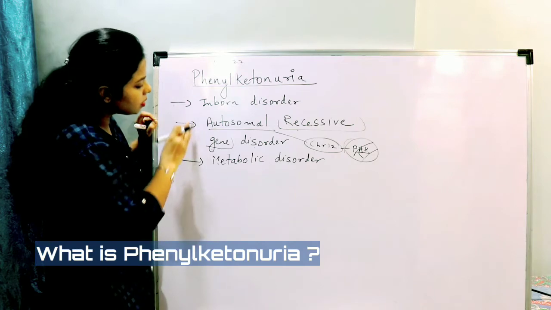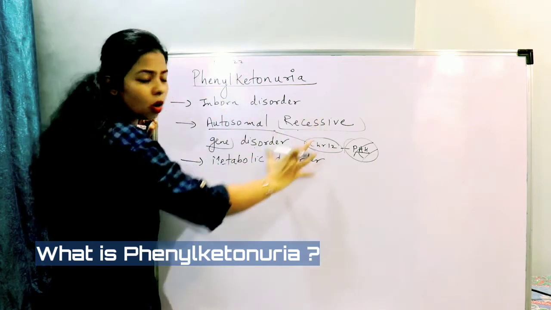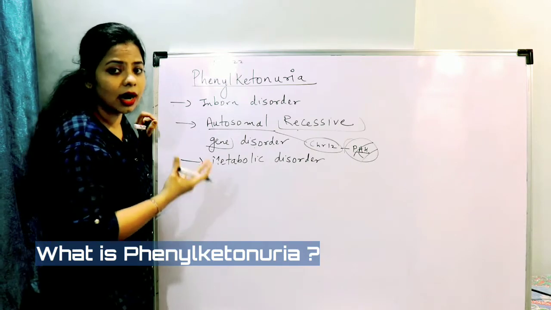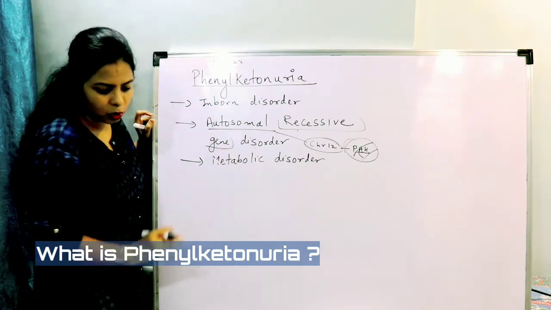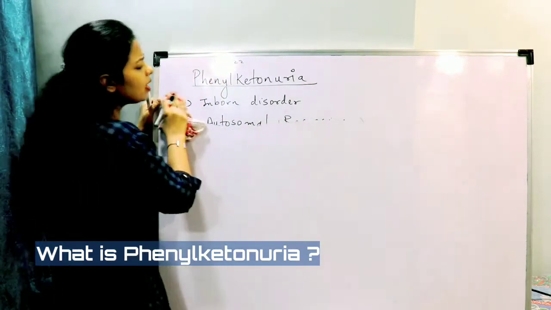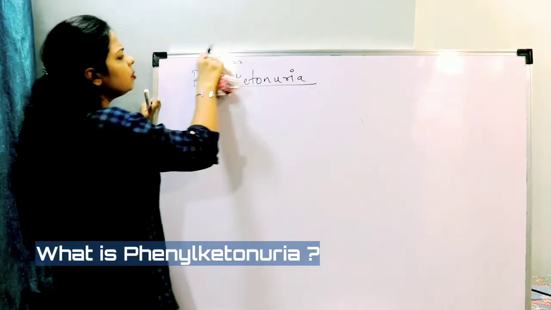Now see here, these three words, have you understood all these words? So this is the first line which you will be writing in the exam, or you must know. Okay, now let's see the second part. What exactly happens because of the mutation?